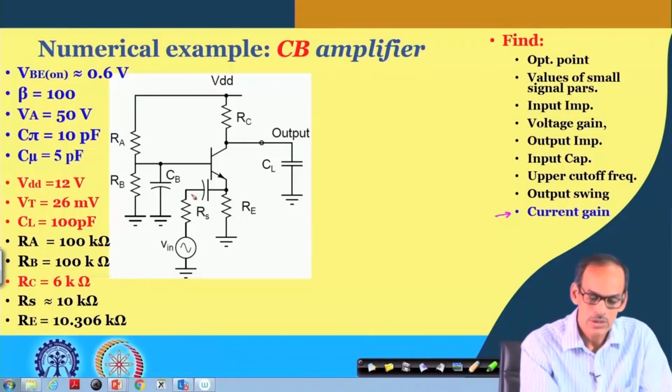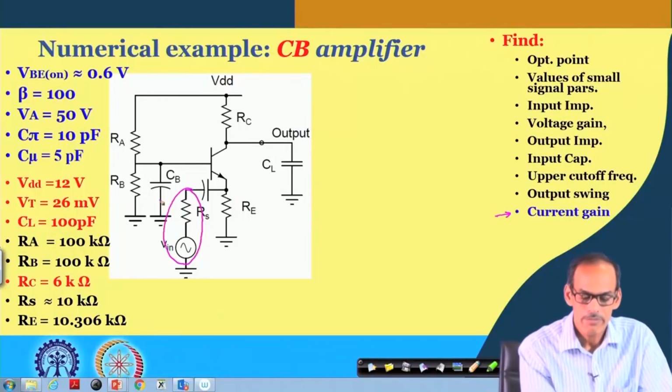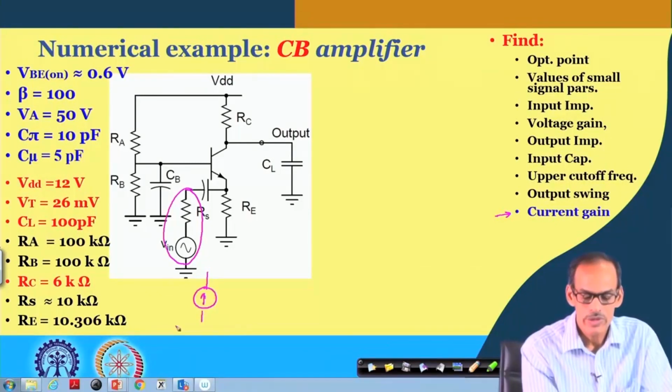First of all, the stimulus part here we need to replace by a current source, a signal current source. Maybe we can consider this is I in, and it may have a finite conductance, and this conductance is 1 by R s.